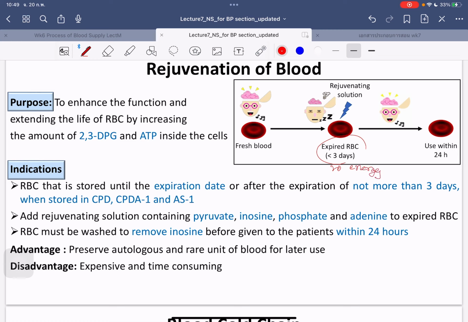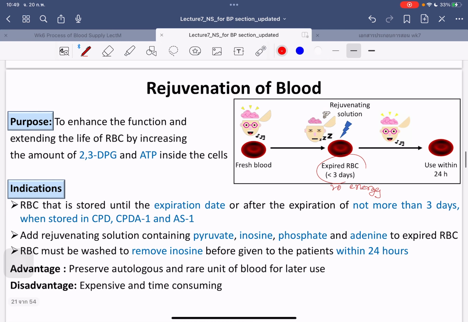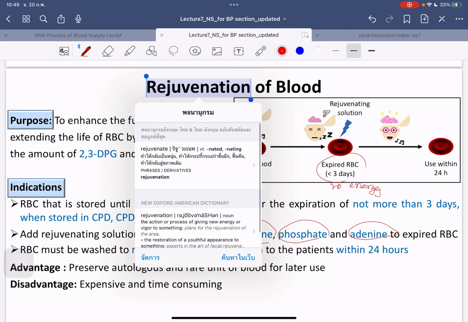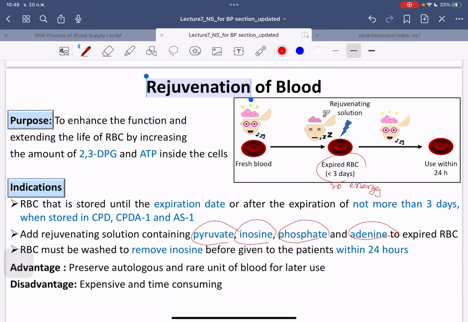It contains pyruvate, inosine, phosphate, and adenine. This will help your expired blood cells become rejuvenated and function again. But if you use this process, you have to use the blood within 3 days, or if you need blood within 24 hours.